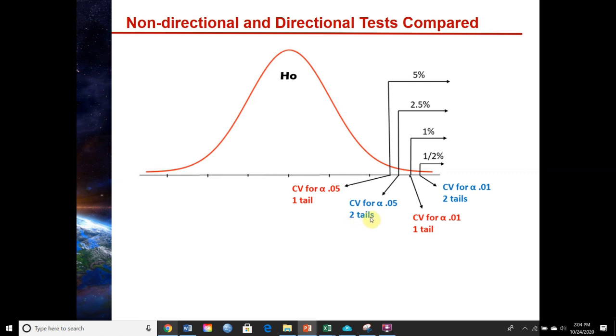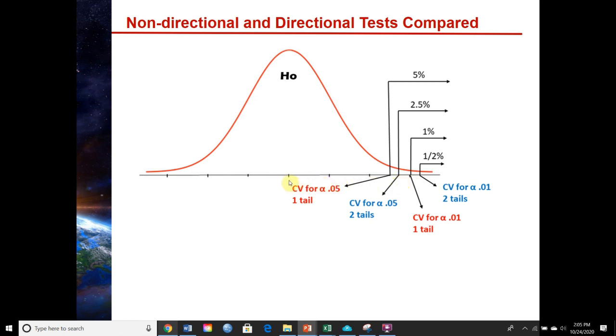All right, 5% here. Now, what about if we wanted to still use alpha 0.05, but this time a two-tailed test? Well, that means you're going to have to split up your 5%, and half goes to one tail, half goes to the other. So if we split 5% in half, that means in this tail we have to have 2.5%. Well, 2.5% is less than 5%. So we have to establish what the critical value would be to give us 2.5% in the tail. And this critical value is going to have to be a larger number, right?